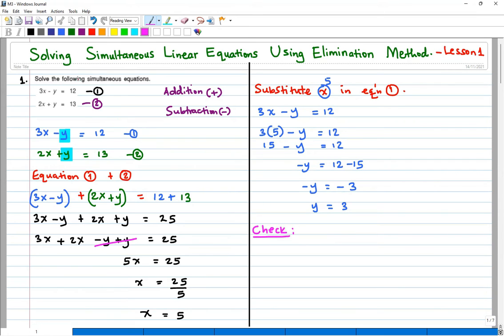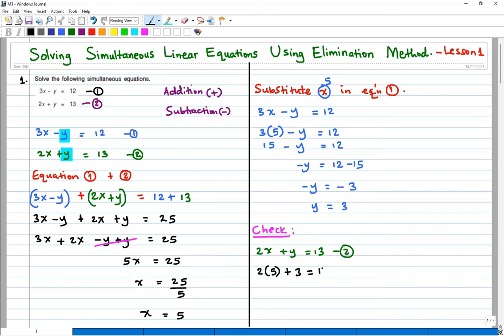Let us use equation 2. Equation 2, we have 2x plus y is equal to 13. Now, x is 5, so we say 2 into 5 plus y, which is 3.